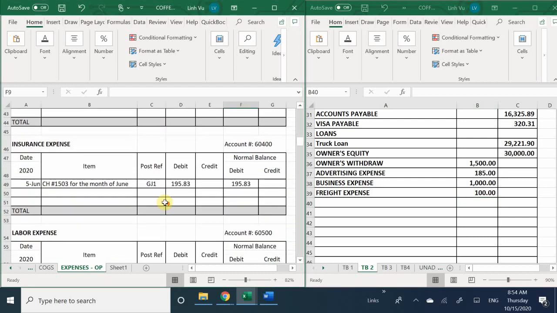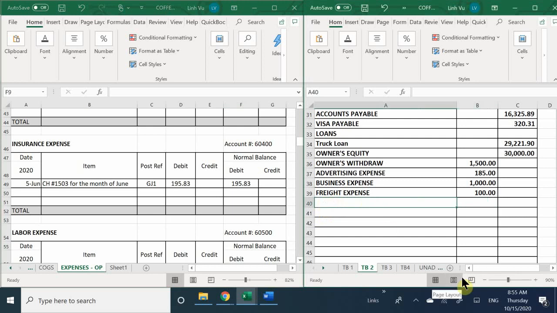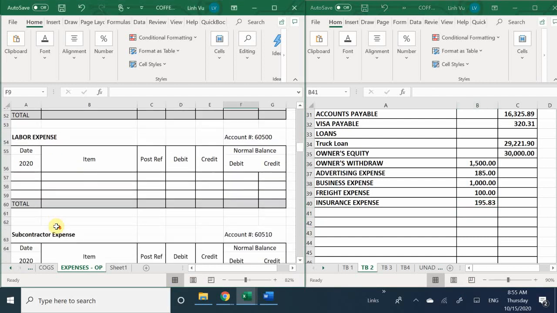Right. Next is insurance expense. We sure do have that from the previous one. Insurance expense. I'm hitting every single key except for E. All right, so here we are. So it's for $195.83, right? For the month of June, insurance expense. Labor expense.